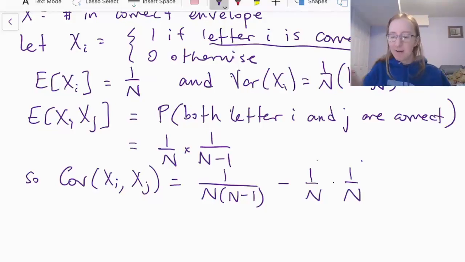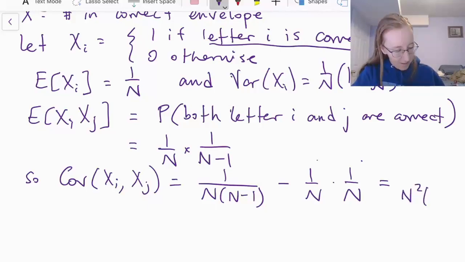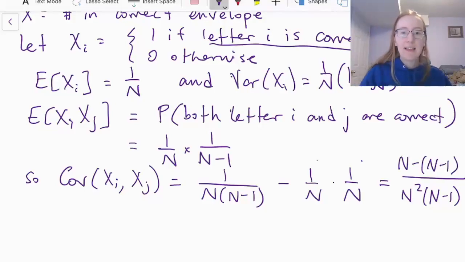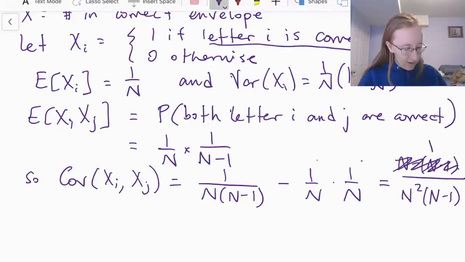So if we want to put that over a common denominator, we get n squared times n-1 on the bottom. And then we have here an n, and then minus an n-1. And the n's will cancel out. So we just get positive 1 over n squared times n-1.